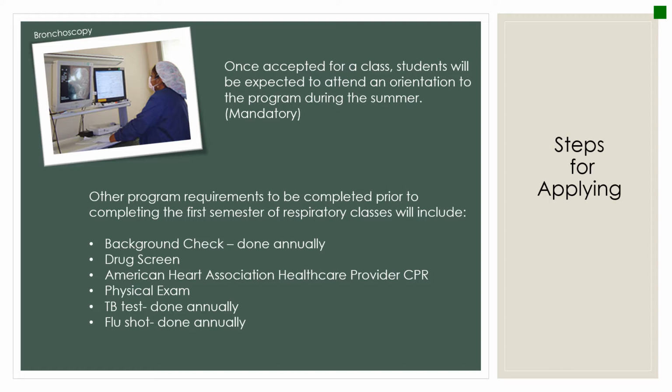They will be notified by mail as to the specific date and time of the orientation. These other requirements are hospital requirements for any other student or employee working or learning in the hospital environment.